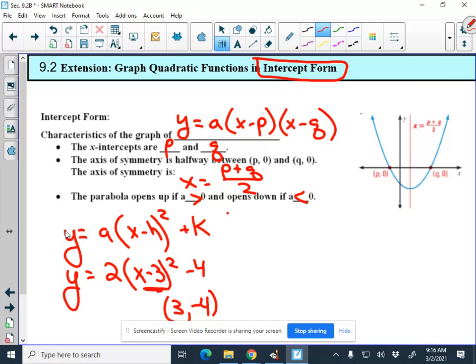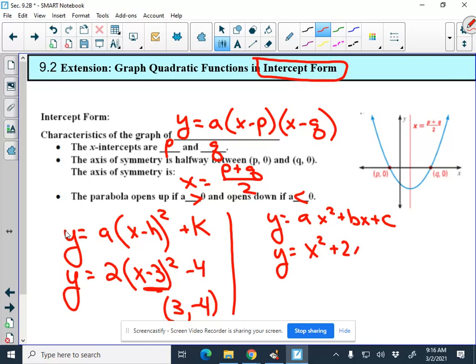Then we just finished up where we have y equals ax squared plus bx plus c, something like y equals x squared plus 2x plus 1. And then we use this formula that we got done yesterday. x equals minus b over 2a.